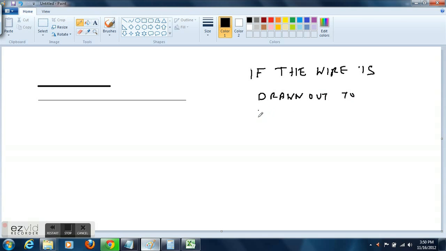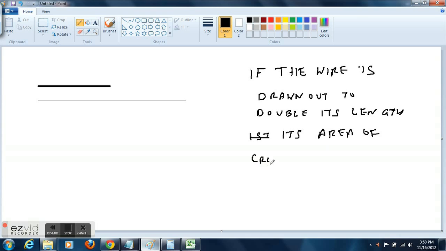So if the wire is drawn to double its length, its area of cross section will become half.